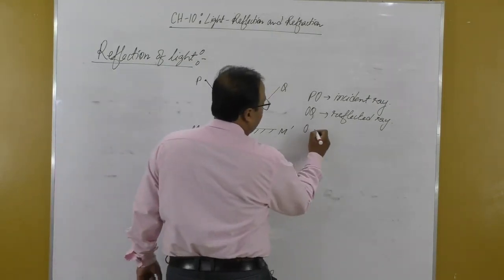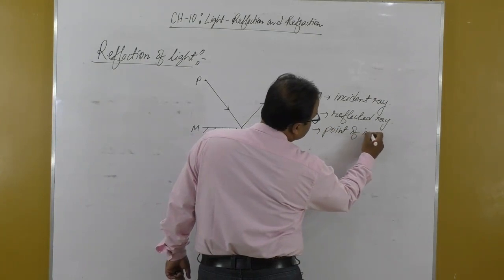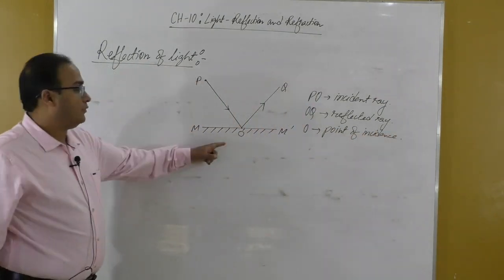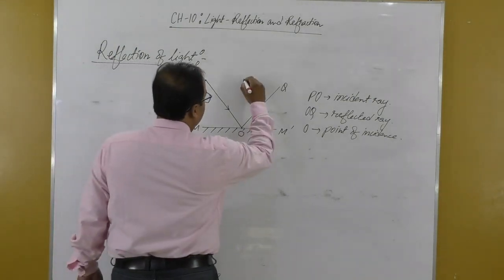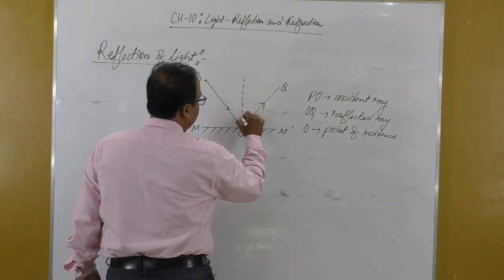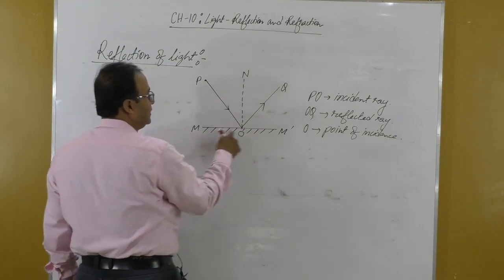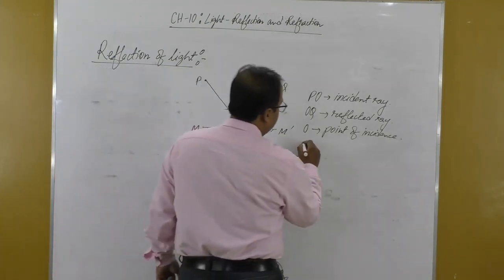Point O is called point of incidence. And at this point, if I draw a perpendicular on the mirror, NO is the perpendicular on the mirror at this point of incidence.